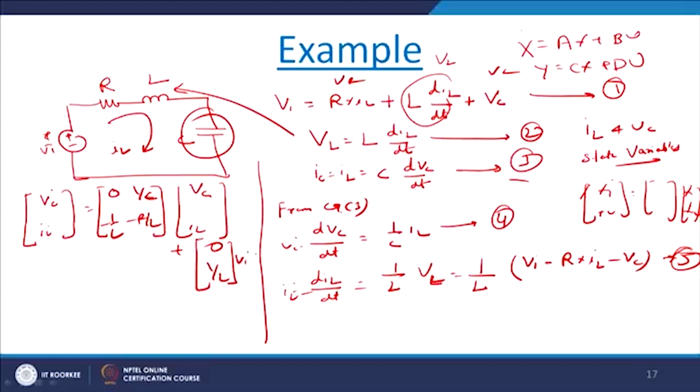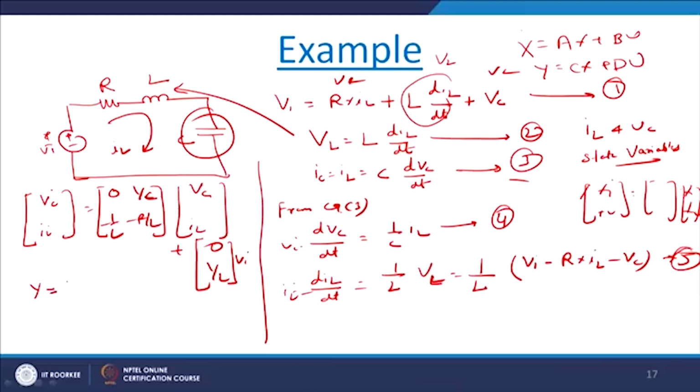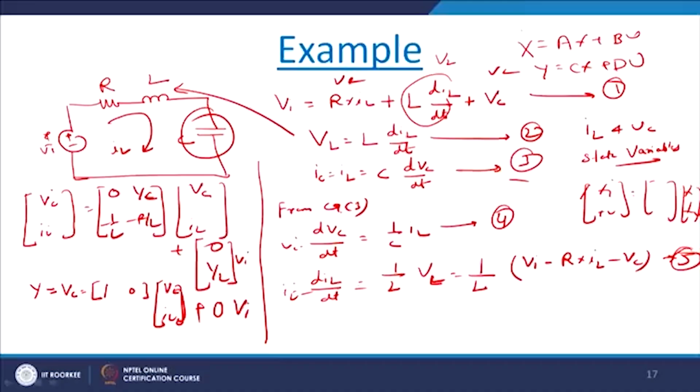And now what is the output? Your output Y equals VC. So VC means here we write 1 0 into VC and IL, and what about the input? D is 0, so we write D, 0 into VI input.